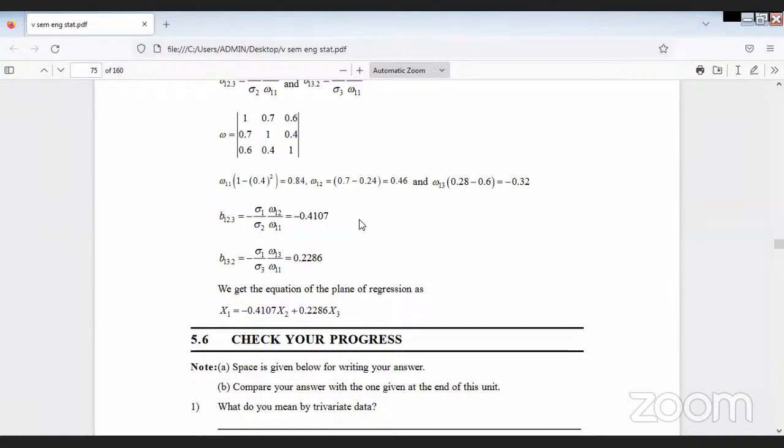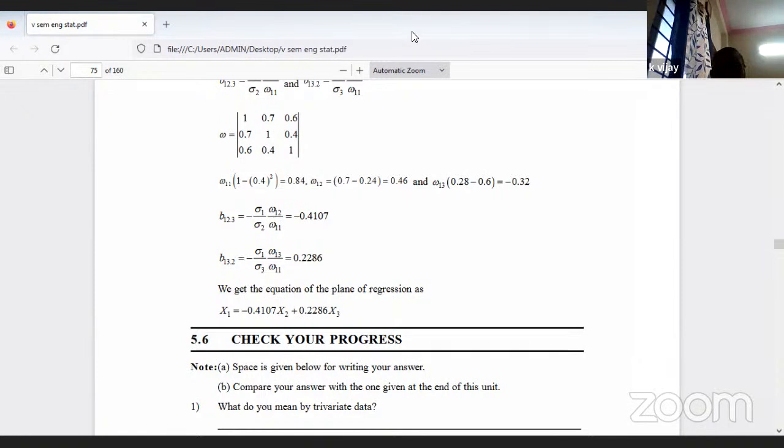Check fast. 3 by 4 into 0.46 by 0.84. Make fast. Sigma 1, what did you get here? Minus 0.4107. Yes, sir.